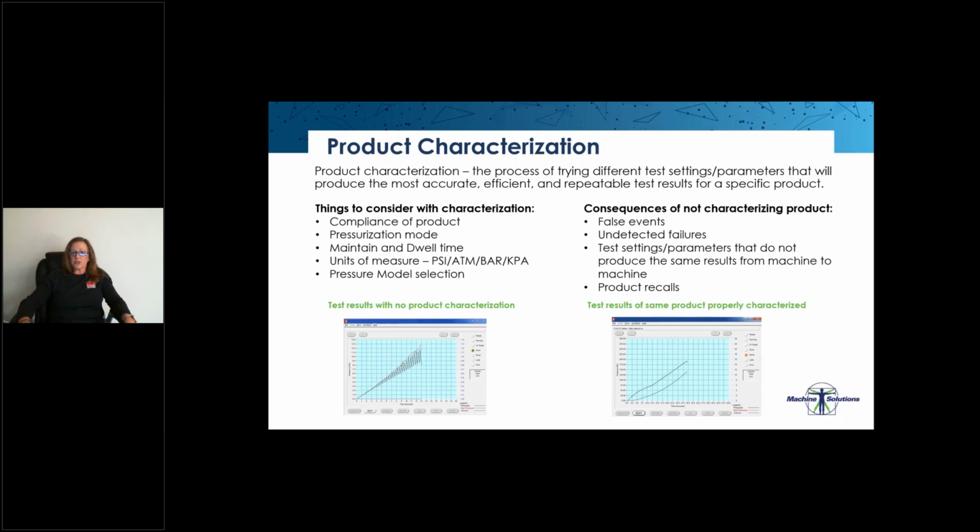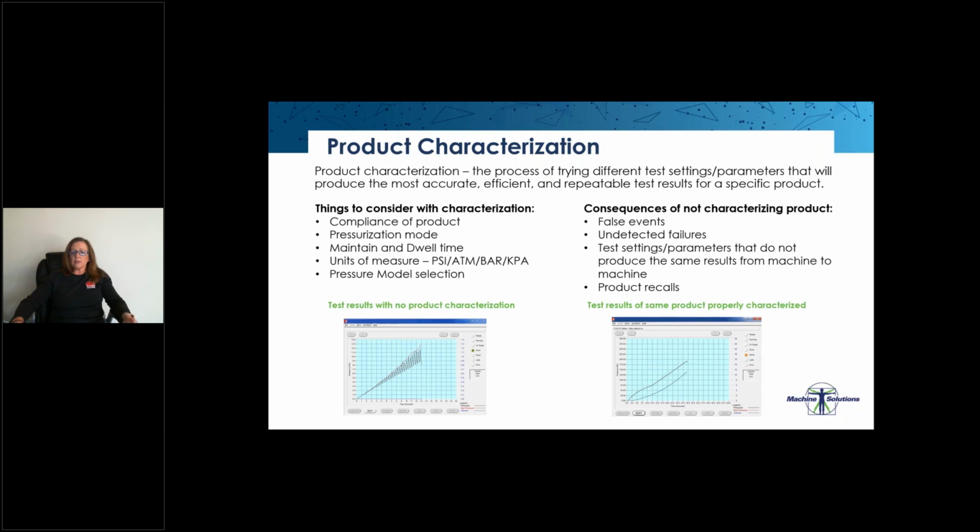The two graphs that you see here represent the same product tested prior to characterization and then after being properly characterized. For the graph on the left, the compliance was set too high, which caused the ramp rate to become increasingly unstable.